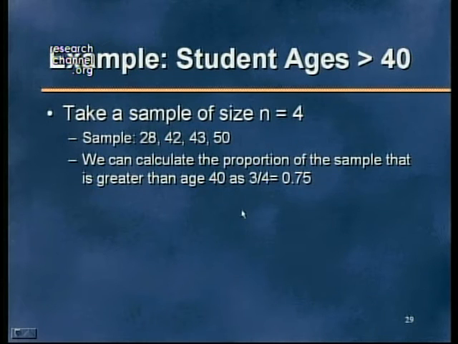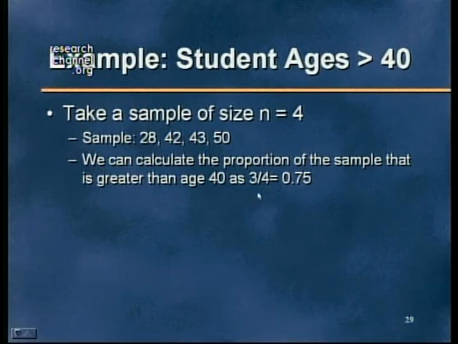So if I took a sample of size 4, again from the population of interest, but what I was interested in was not mean age, but the proportion of the sample that's greater than age 40, what I would see is that 3 of those 4 are greater than age 40, which is a sample proportion of 0.75. So p hat would be 0.75, and q hat would be 1 minus that, which is 0.25.